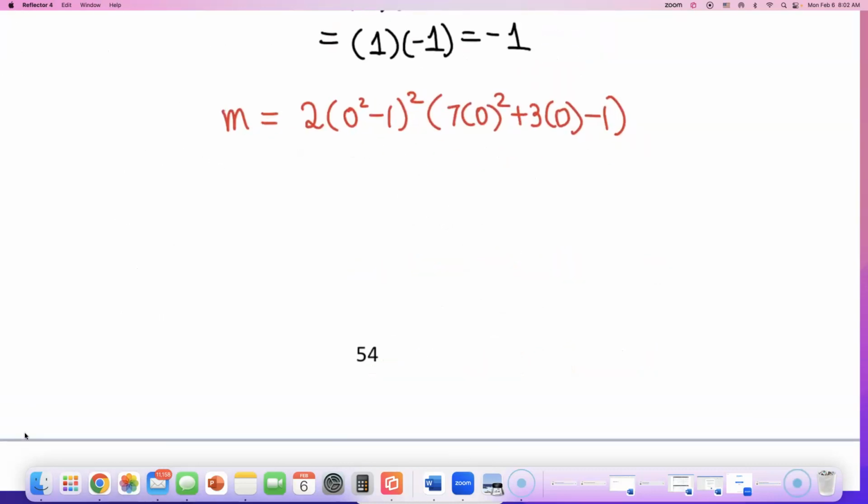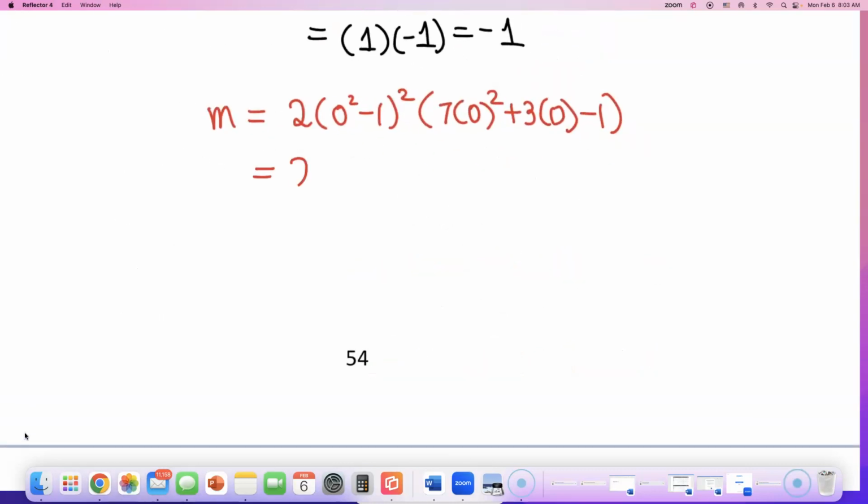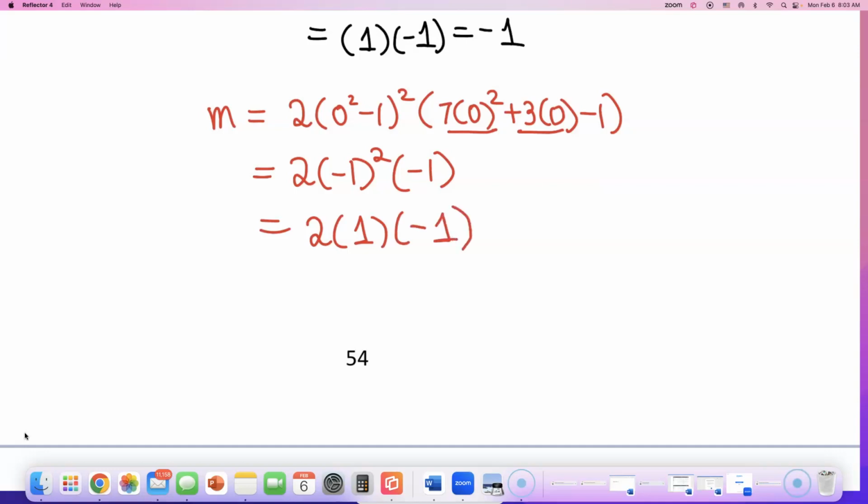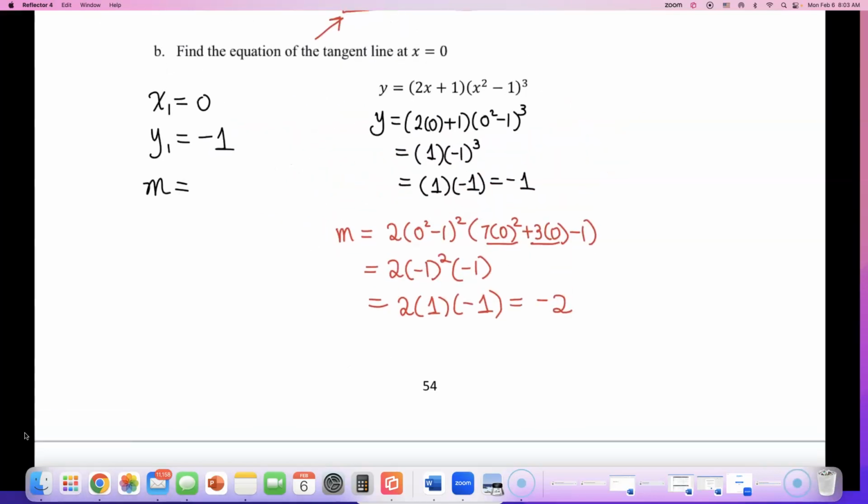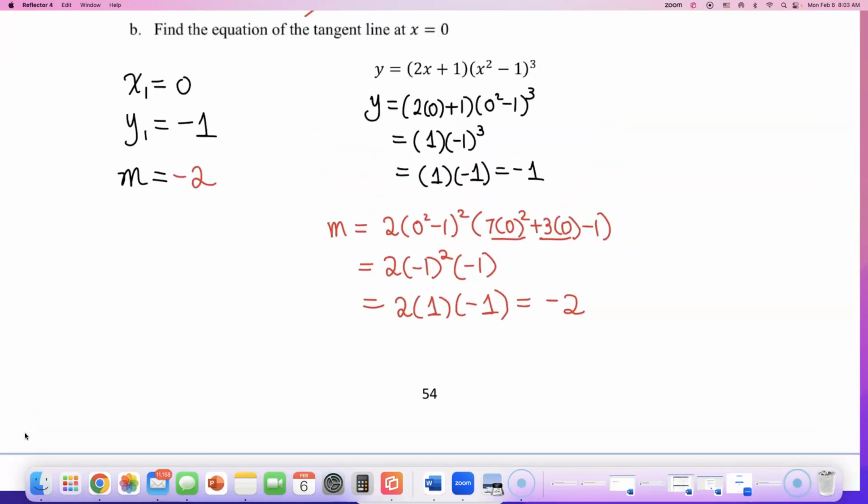All right, let me simplify this. This will be 2 times negative 1 squared. These all turn into 0, leaving me with just negative 1. This is 2 times positive 1 times negative 1. So the sign will be negative, the number will be 2. So the slope of this tangent line is negative 2.